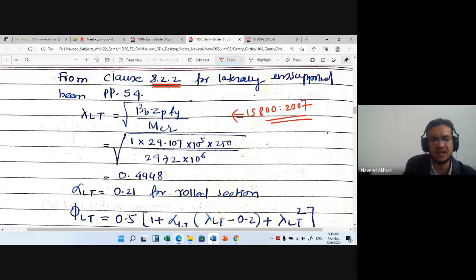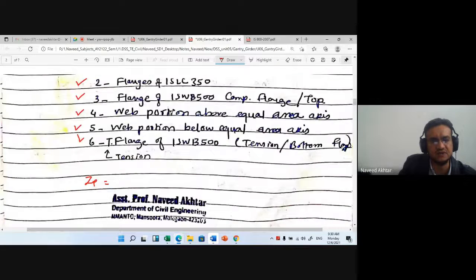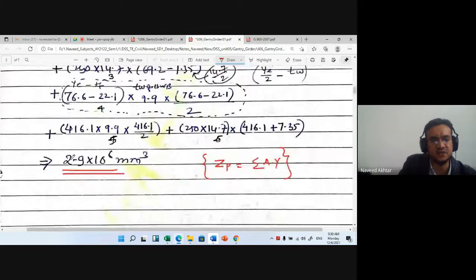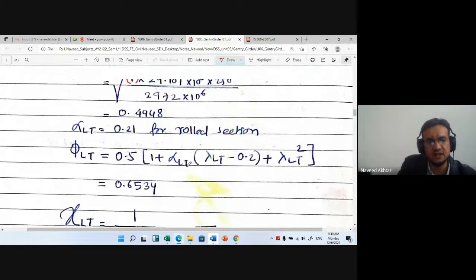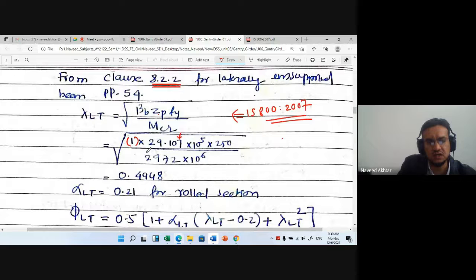Now we'll put the value, beta B, because the section is plastic, that's why it is 1. Then ZP we just found above, and for the ZP value we have put 29 10 5 into 250.